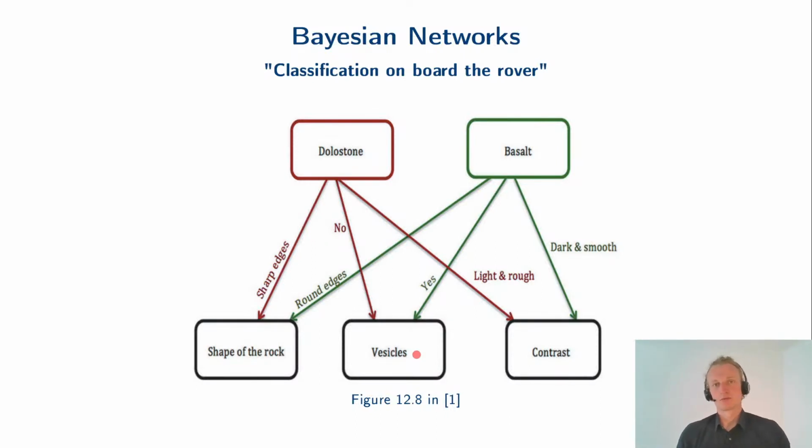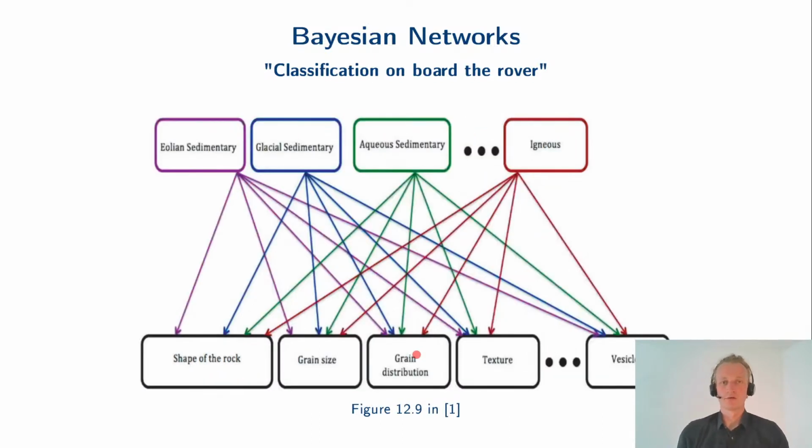This makes sense within the context of rock classifications. Of course, this also would be a naive Bayesian network. And as I mentioned before, if we would have 700 rocks, this would get quite complicated.